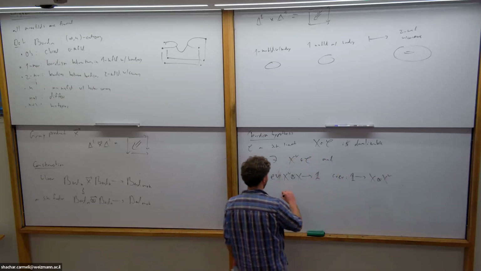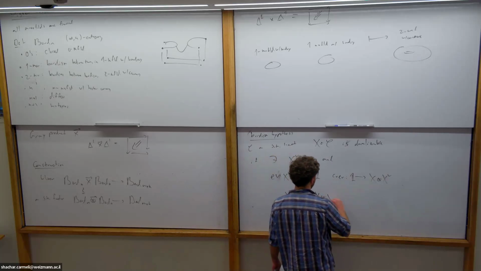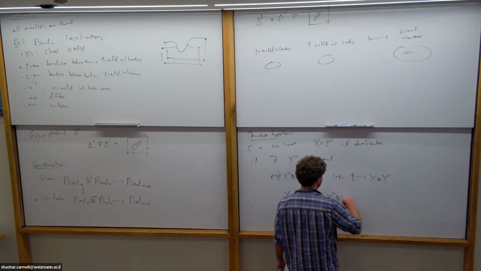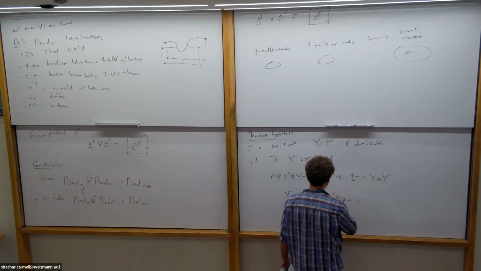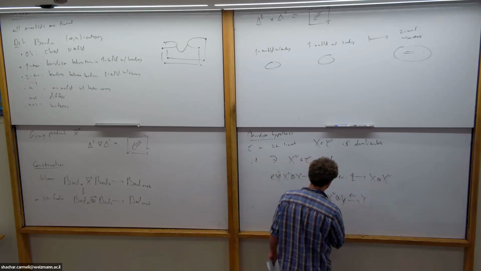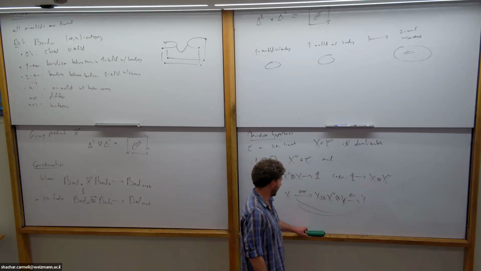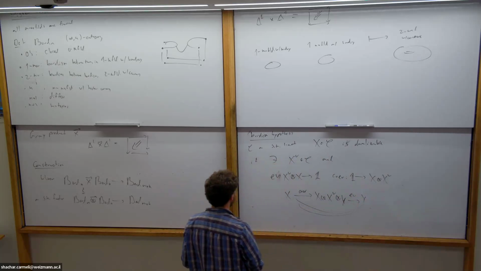So if you go from X using the co-evaluation to X tensor X dual tensor X, and then using the evaluation back to X, you get the identity, and similarly for the other composition.